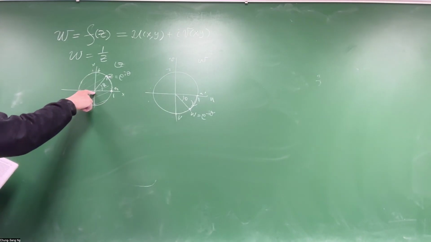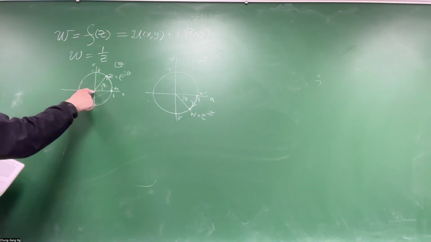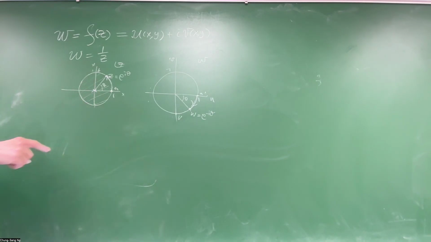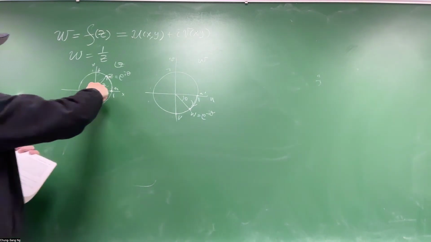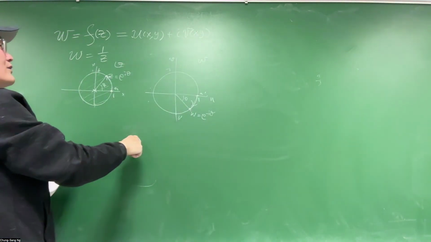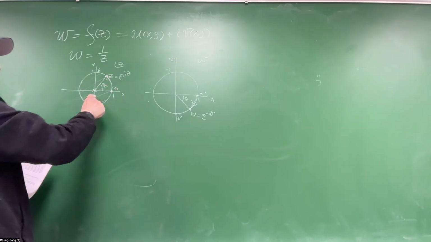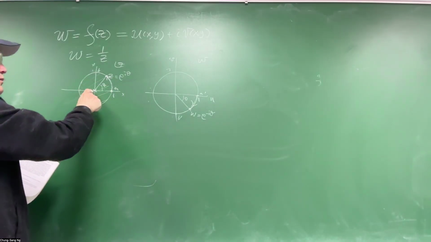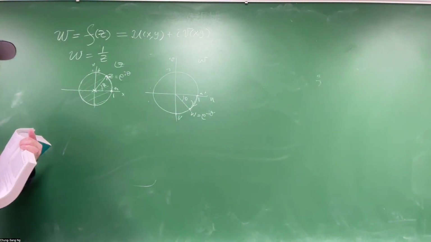Another reason is that there's a point z equals 0 in the interior. Obviously, 1 over z is singular there. That is what we call the singularity, the pole, right? This pole will map to infinity. So this point will obviously map to infinity on the W plane. So by continuity, the region containing this point will be the region that contains infinity.